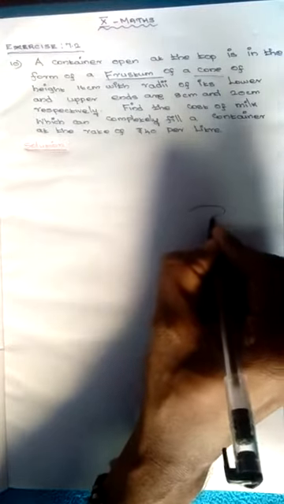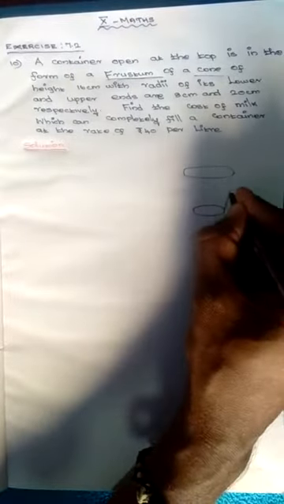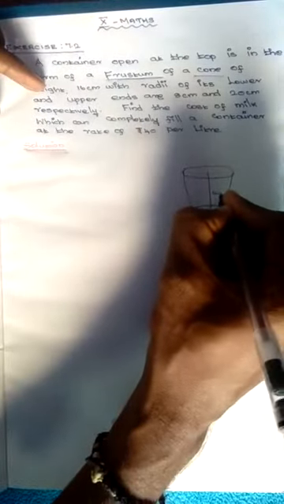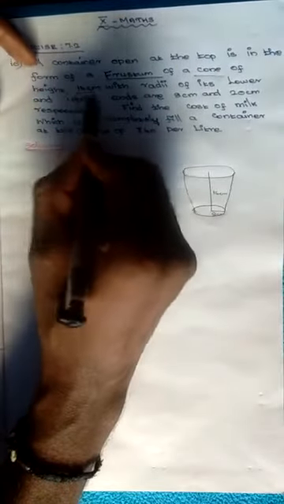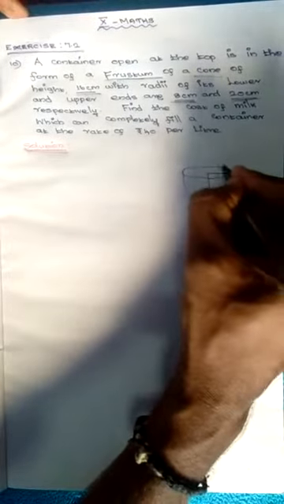First one is the lower circle and the upper circle, connected with a line. The height is given as 16 centimeter. Small r is 8 centimeter, and capital R is 20 centimeter.